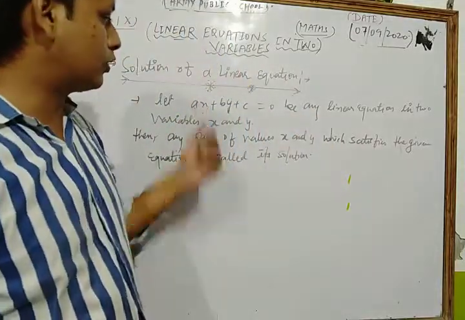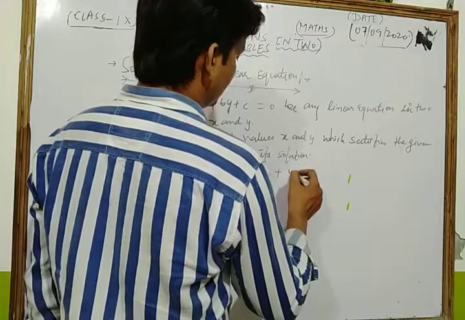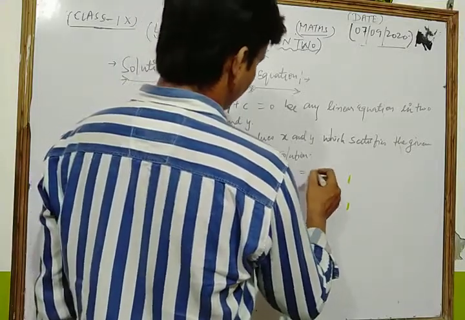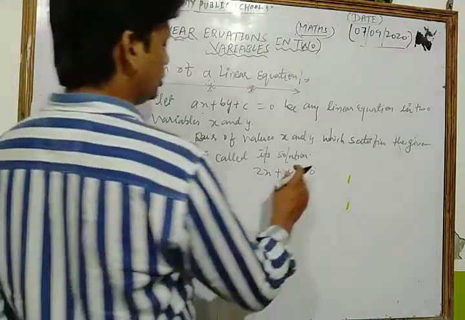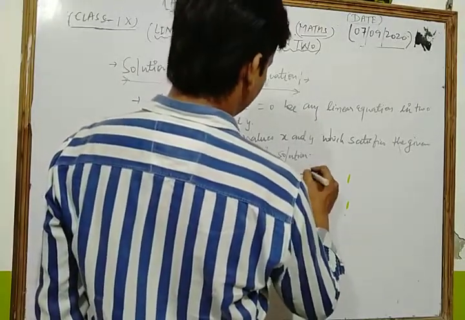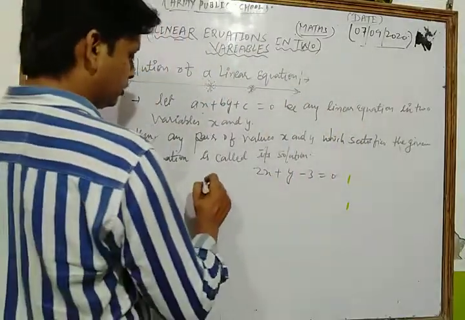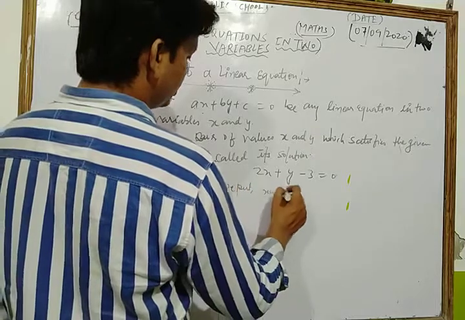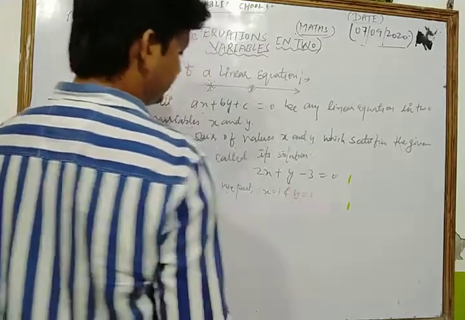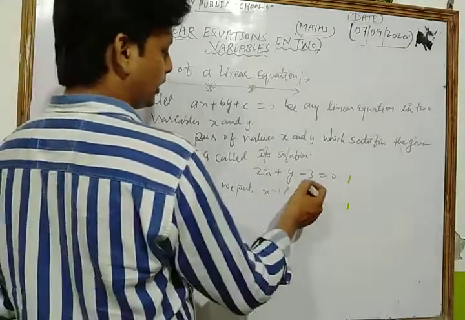Let's see an example. Suppose we write 2x plus y minus 3 is equal to 0, this is a linear equation. If we put x is equal to 1 and y is equal to 1, then what do we get?